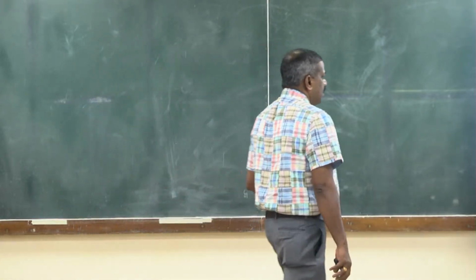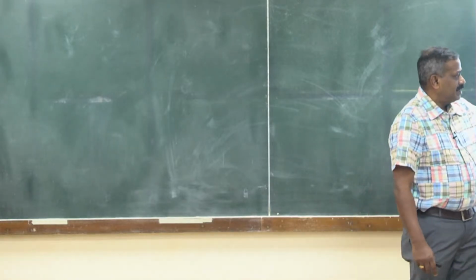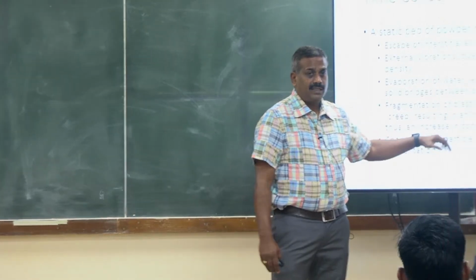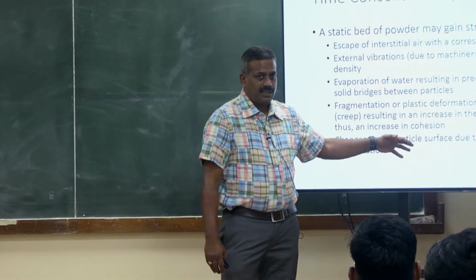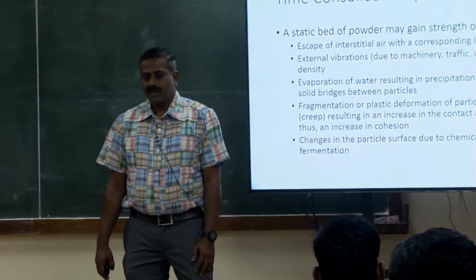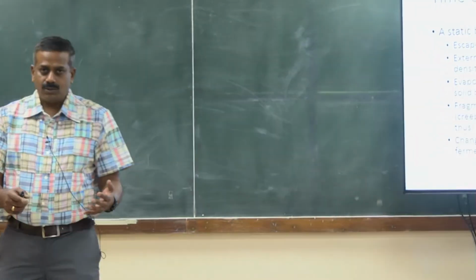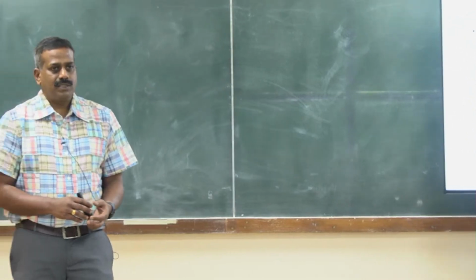Other causes are fragmentation, plastic deformation, chemical reactions, etc. Chemical reactions are common if you are storing crystalline solids. With amorphous solids, unless the humidity and temperature are very high, you might not see many chemical reactions, but crystalline solids can change over a period of time due to chemical changes.